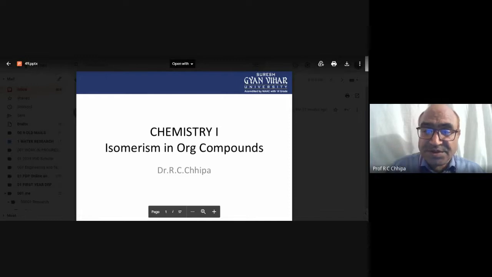Simple classification: whatever the carbon chain is, either open chain compounds, or they have the formation of a ring. Ring means a closed chain compound. So the whole chain is closed, that is, in a cycle.